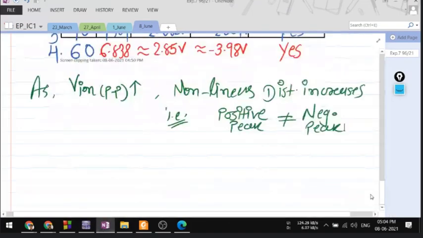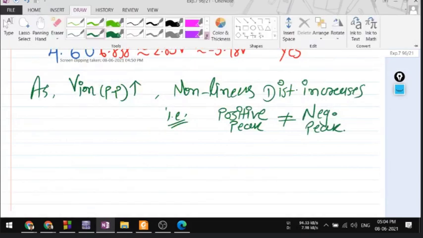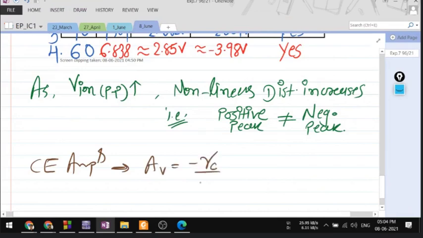For the CE amplifier, the equation of the voltage gain is nothing but AV equals minus RC upon RE dash, that is your equation, right, student?